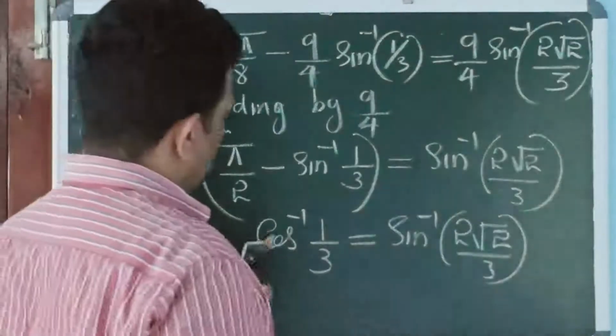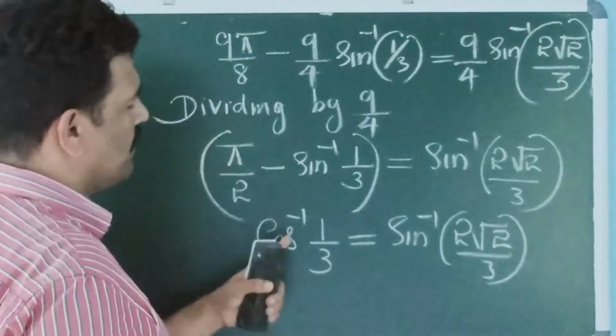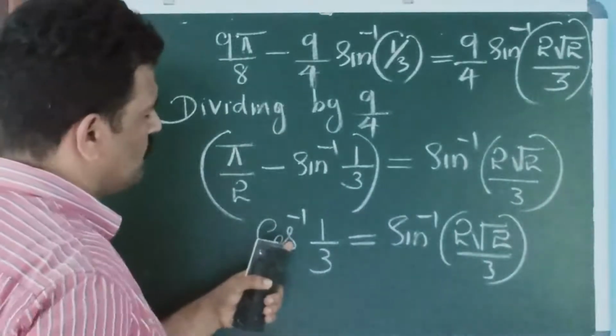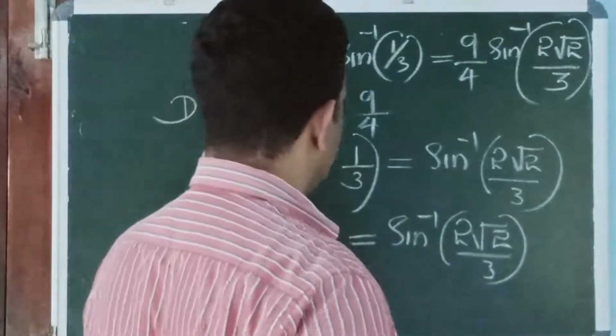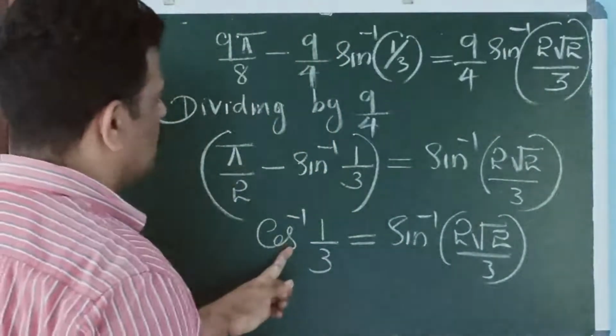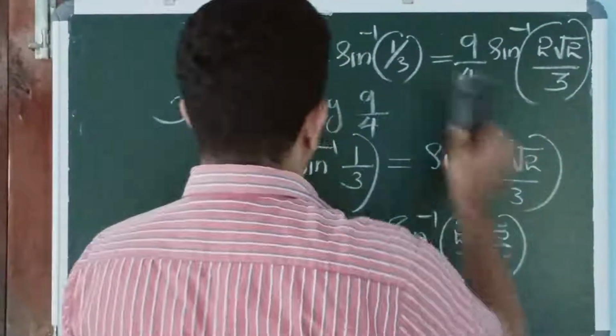Instead of proving the earlier equation, it is enough to prove that cos inverse 1 by 3 is equal to sin inverse 2 root 2 divided by 3. Now our aim is to prove this.